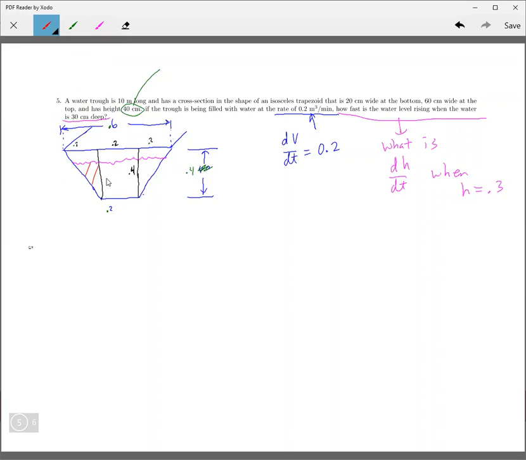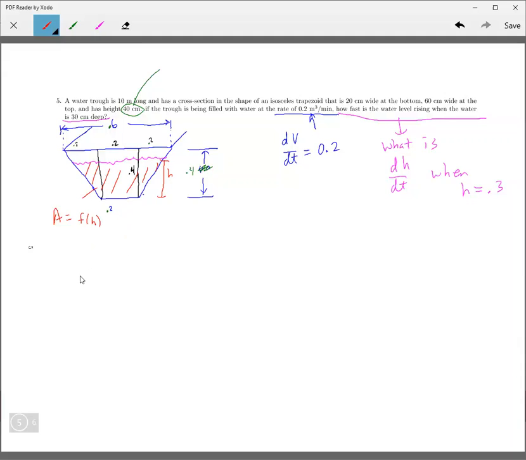So what is the area? And then we'll just multiply that by 10 to get the volume. So we're looking for the area as a function of time. No, not time, as a function of height. If you have a certain height of water, what's this area right here going to be?